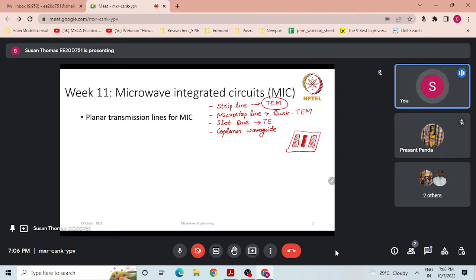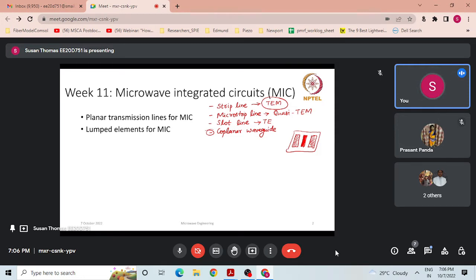This is the speciality of a coplanar waveguide, and it is very useful for easy mounting of lumped elements in shunt or series configuration. These are some of the things which had been covered. I haven't gone through all, but still.